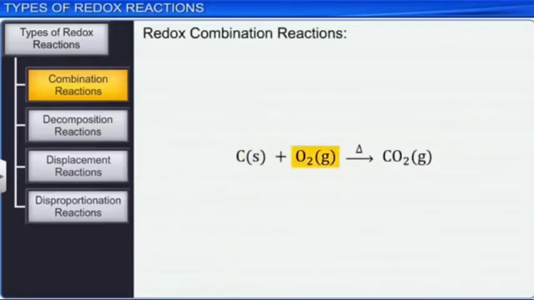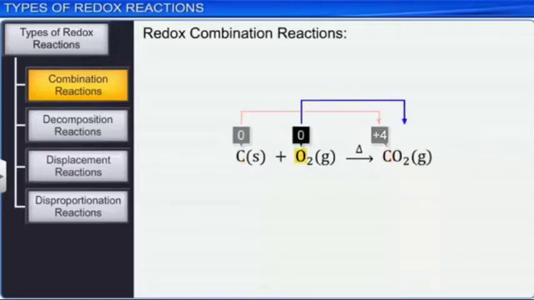Carbon and oxygen in elemental states combine to give carbon dioxide gas. The oxidation number of carbon and oxygen is 0. When carbon dioxide gas is formed, the oxidation number of carbon becomes +4 and oxidation number of oxygen becomes -2.